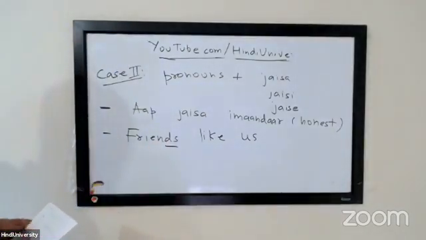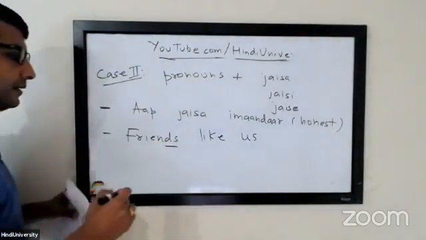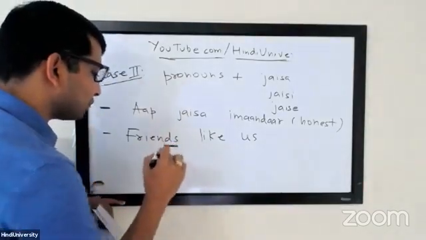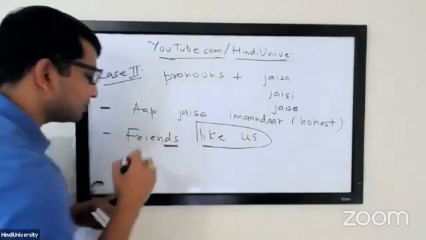Tom, you want to give it a try? Yes, please. The plural of friends is doston. We will just use dost in both ways.